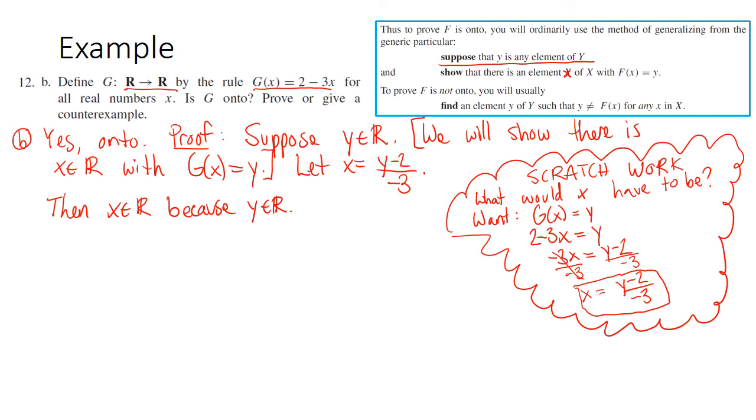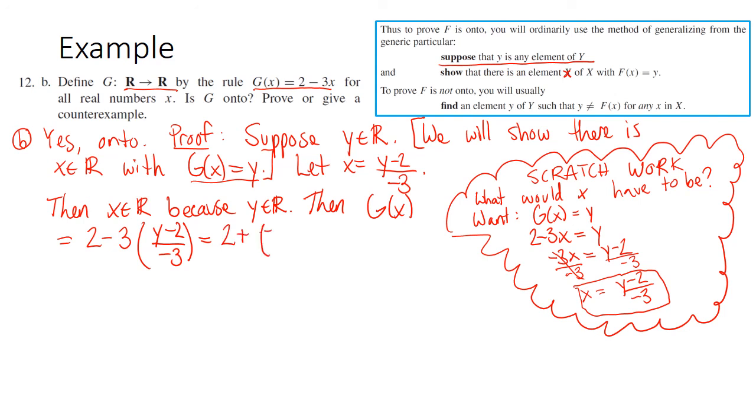So x is a real number, and then what you've got to show is that g of x equals y. You're just going to plug in x to g. g of x equals 2 minus 3 times, now you've got to plug in x, so y minus 2 over negative 3. So what's going to happen here? Your negative 3's are going to cancel out.